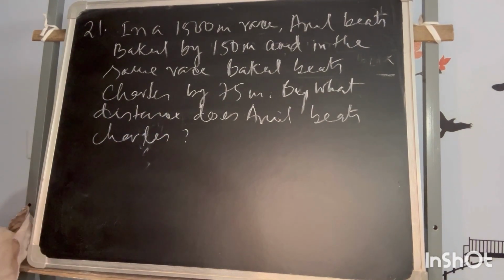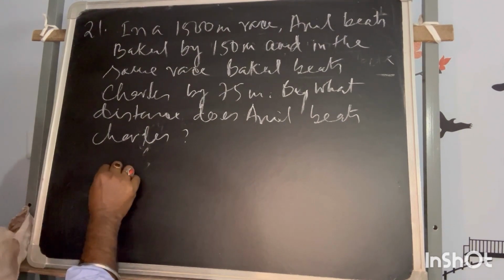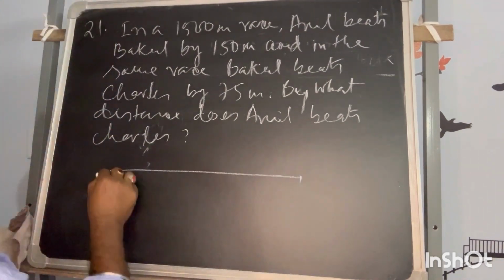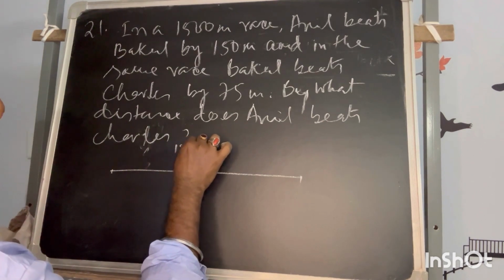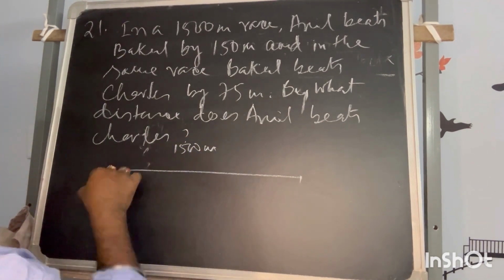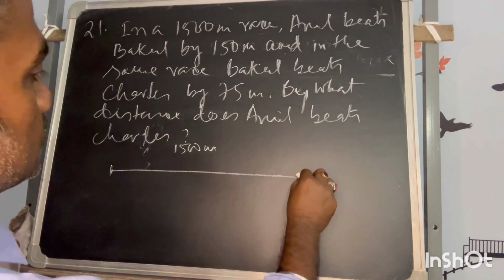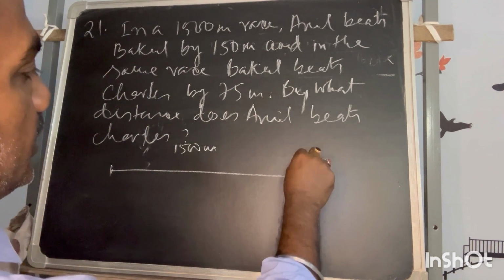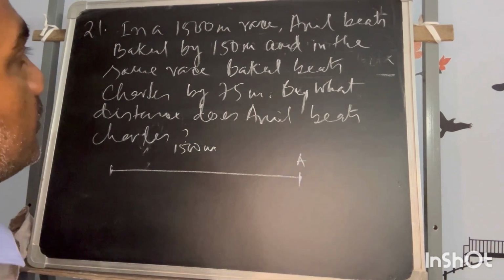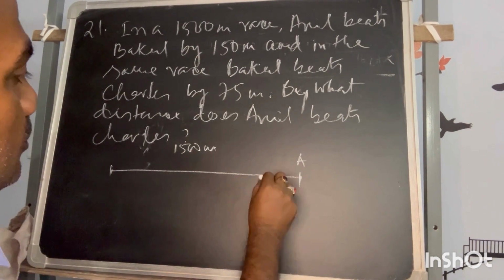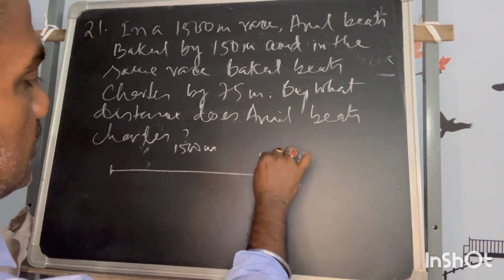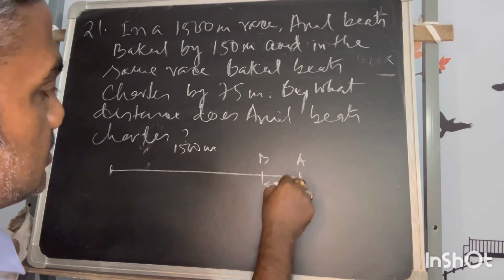So 1500 meter is the track length on which they are running. Anil beats Bakul. So let's say Anil has reached the terminal point. He beats Bakul by 150. Let's say Bakul is here, at a distance of 150 meter when Anil has reached.